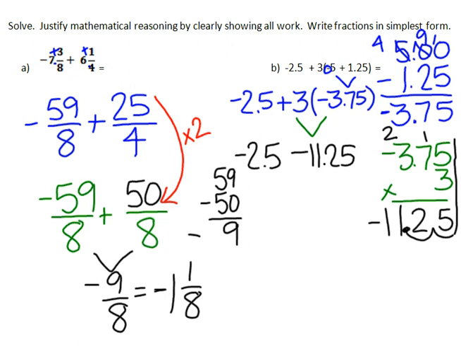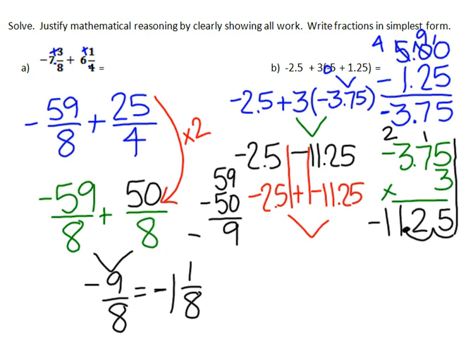Negative 2 and 5/10 minus 11 and 25 hundredths. Okay, next, change it to an addition problem. Negative 2 and 5/10 plus negative 11 and 25 hundredths. This time, both of the signs are the same, so I'm going to just end up with more negative. So a negative plus a negative is always a negative.